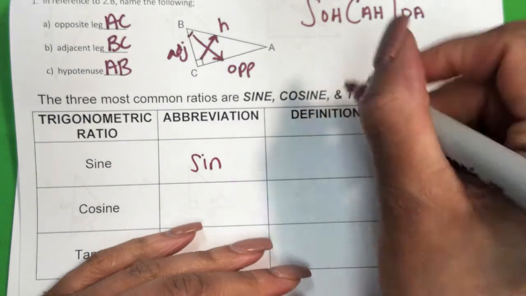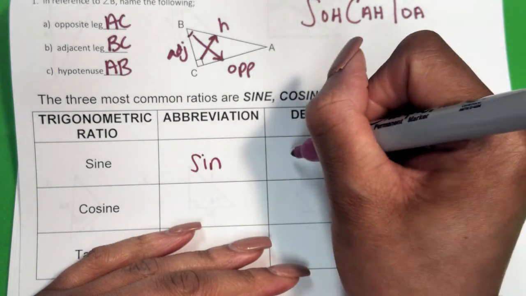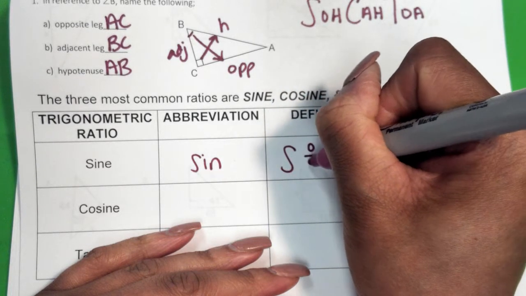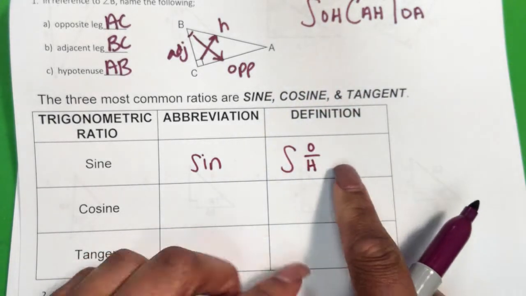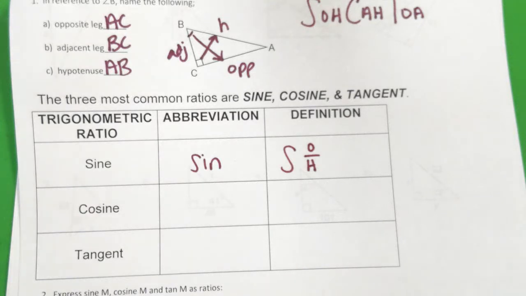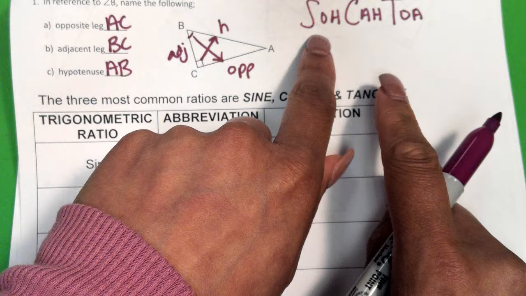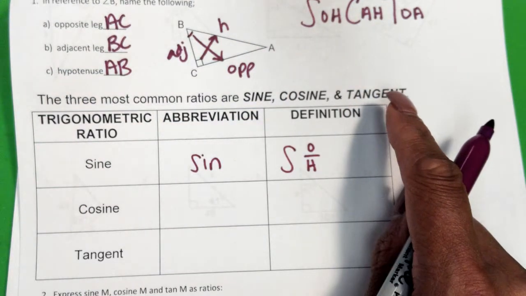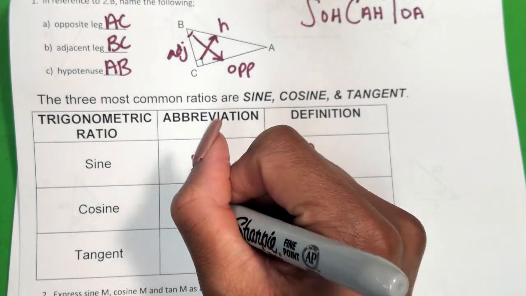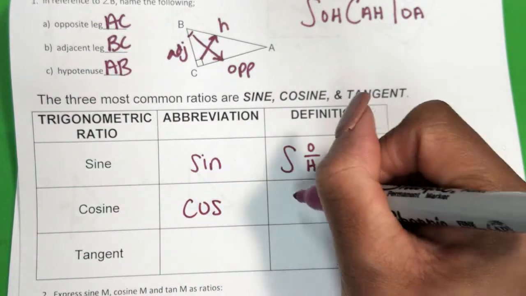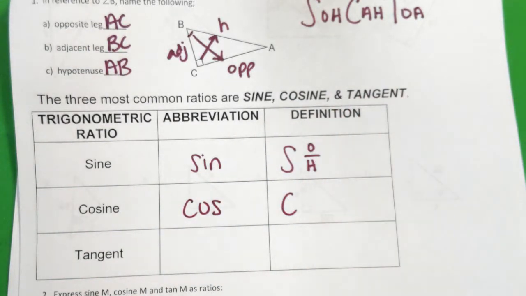And your definition is said here. Sine is O over H, where O means opposite and H means hypotenuse. That's why I have O first, because it's going to go on top. Cosine, the abbreviation for that is C-O-S, cos. For that one, I have C, and what goes on top?